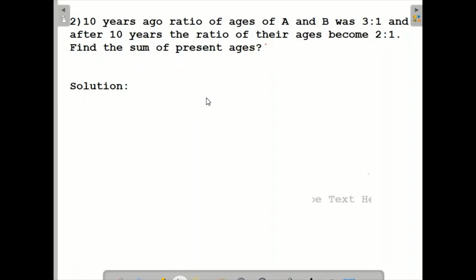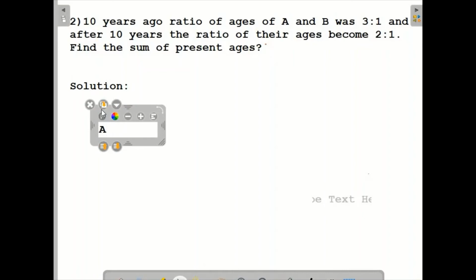Ten years ago, the ratio of the ages of A and B was 3:1, and after 10 years, the ratio of their ages will be 2:1. As I said earlier, we proceed with the same method.